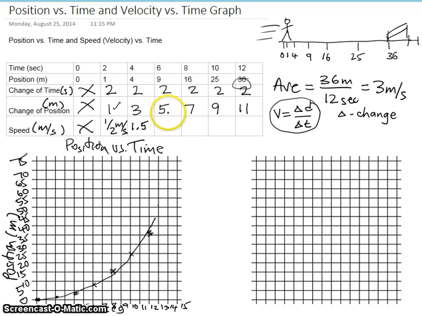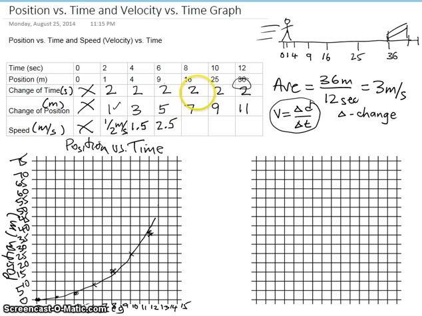In this interval of time, from 4 seconds until 6 seconds, we traveled 5 meters, the distance from 4 to 9 meters. So we traveled 5 meters. 5 divided by 2 is 2.5 meters per second.